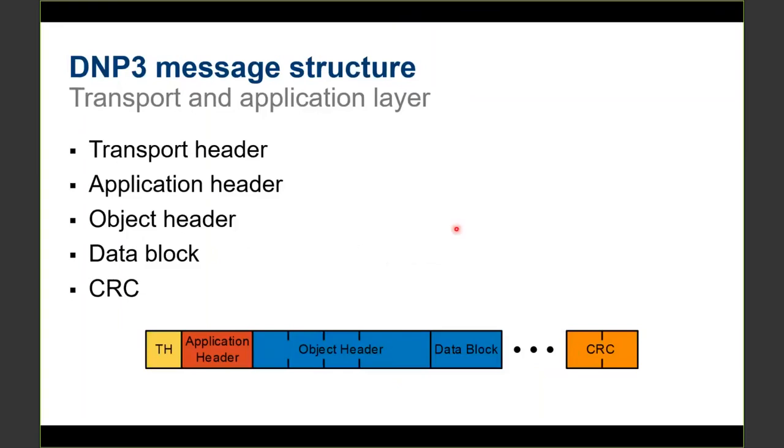For the transport layer, DNP has just 1 byte, and this 1 byte controls the fragmentation process when the message has more than 255 bytes. This process uses just two bits in this byte, called final and first, and the other 6 bits are used for the sequence number.